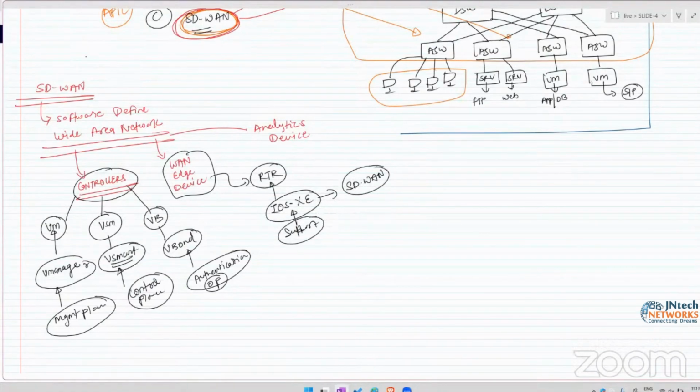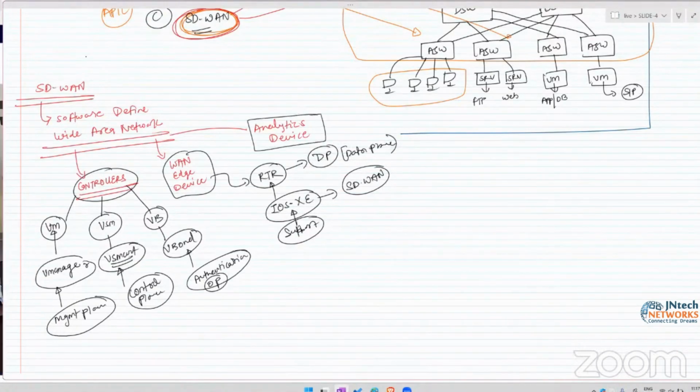So these routers will maintain DP. DP means your data plane. Analytics we are using for monitoring purposes. Separately, you can analyze your networks, your data traffic flow, and your device information also.